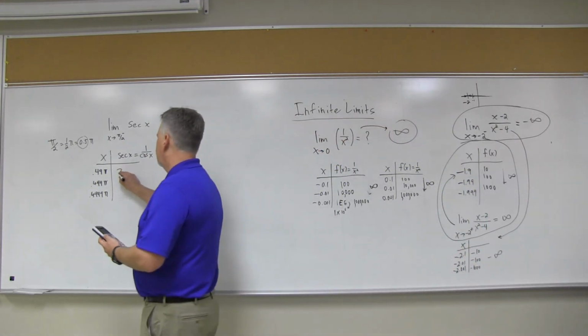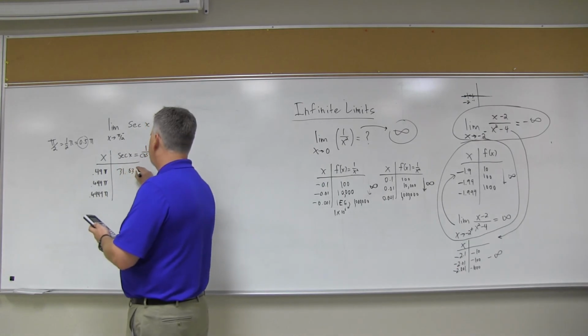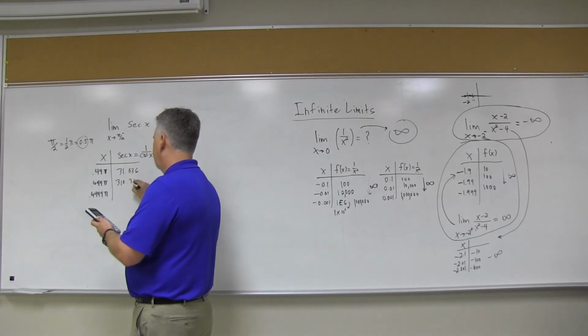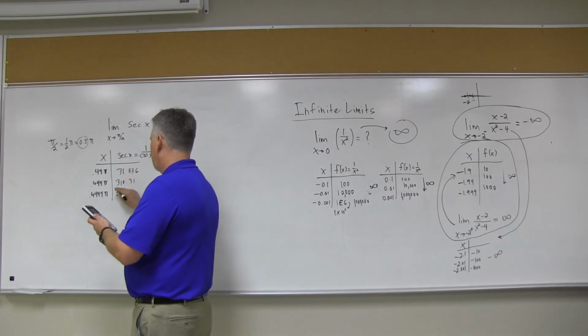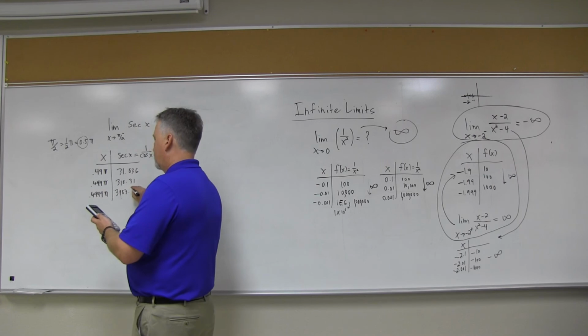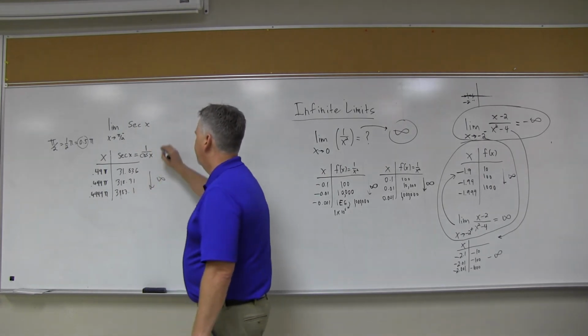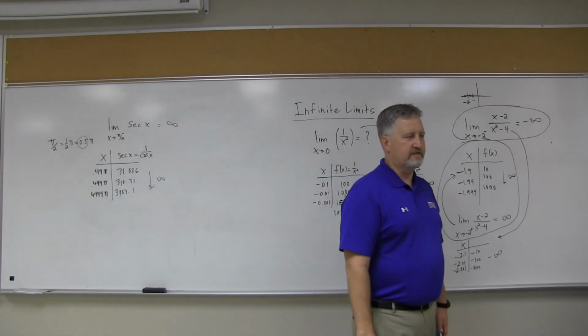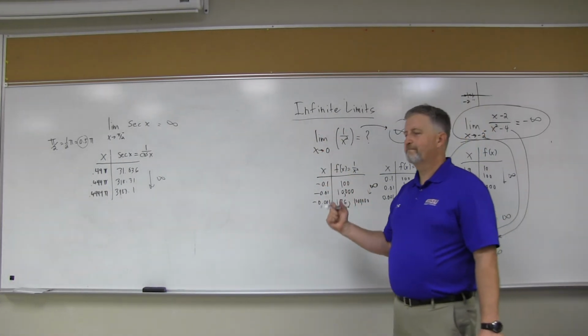And that gives me 31.836, 318.31, and then 3,183.1. And so, yeah, those are going to infinity. So anyway, if you want to do the table with those, that's an idea for you.